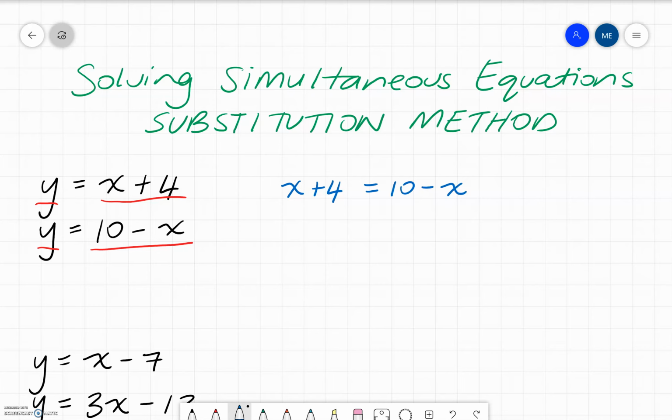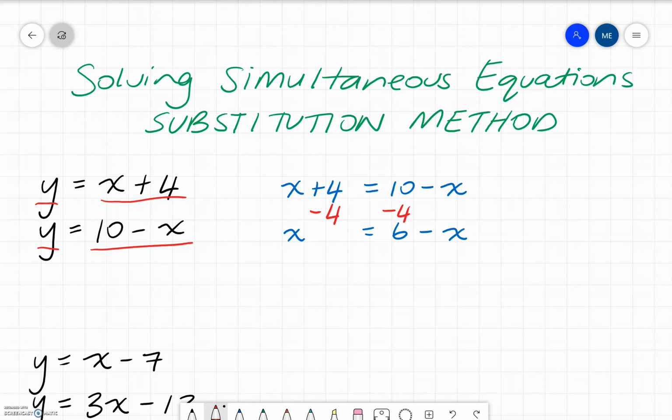And to solve that, we want to get all of the x's on the left-hand side and all the numbers on the right-hand side. So the first thing we do is we subtract 4 from both sides, which gives us x equals 6 minus x.